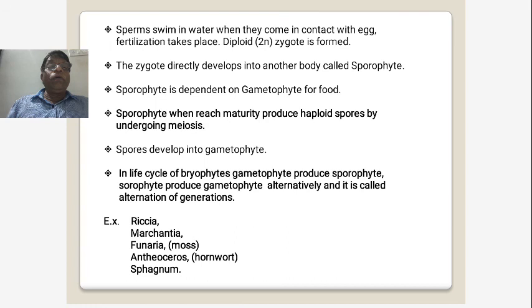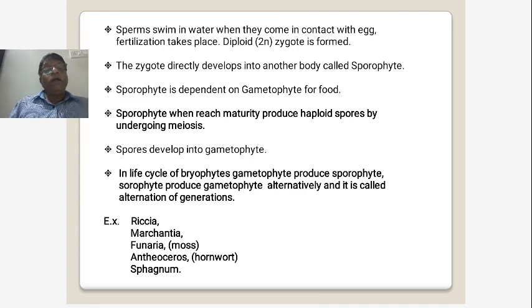The capsule contains spore mother cells. The spore mother cells undergo reduction division or meiosis and produce haploid spores. The spores are produced after meiosis. The meiosis here we call sporic meiosis. The spores germinate into a new gametophyte.